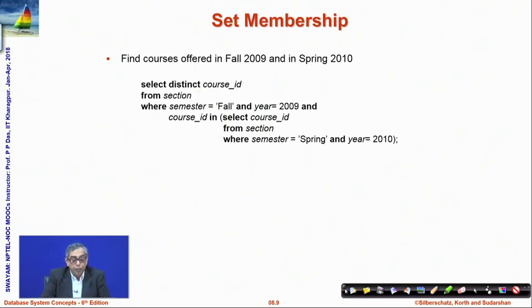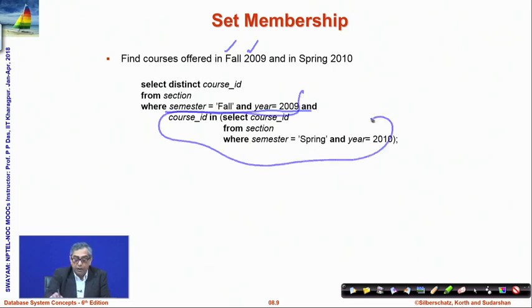Now, let us see how do I find courses that are offered in fall 2009 and in spring 2010. Again, the first part, the courses offered in fall 2009, is coded in part of the where clause predicate, where the semester has to be fall and year is 2009. So, this part is also done. If this part were not there, then this will only give me courses which were offered in fall 2009.